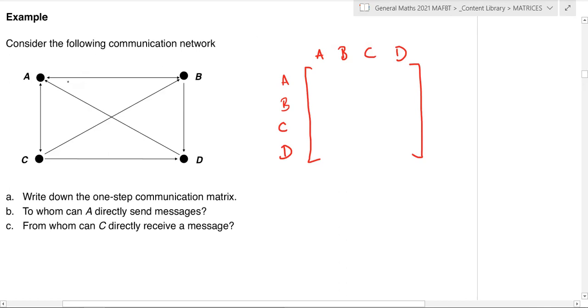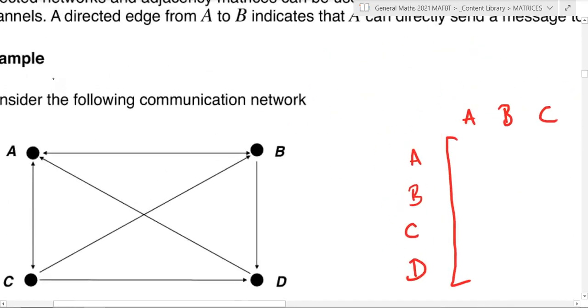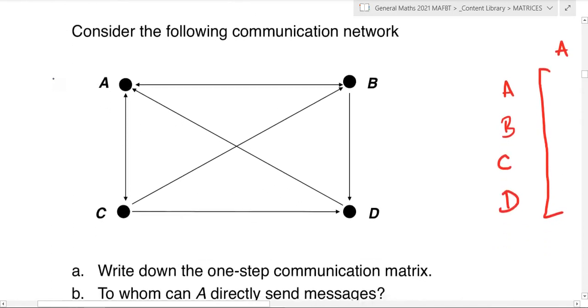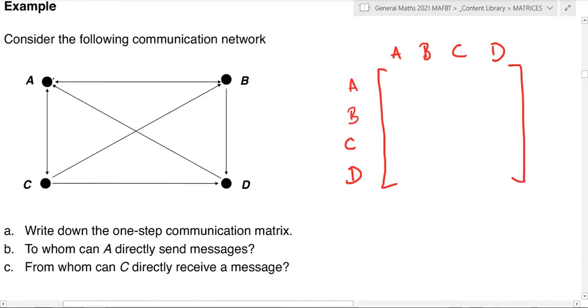So from A to itself, actually for part A, it just says one-step communication. So you're only going to go one step. All right, keep in mind as well, by the way, looking at the arrows here, these are bi-directional. Okay, so you can go 2 ways with these if you wanted to.